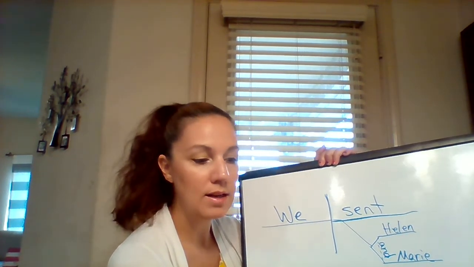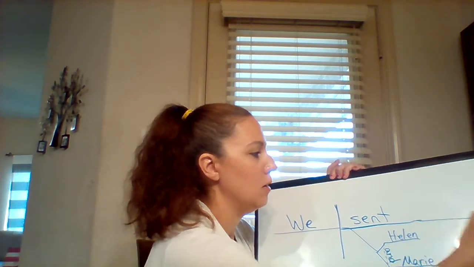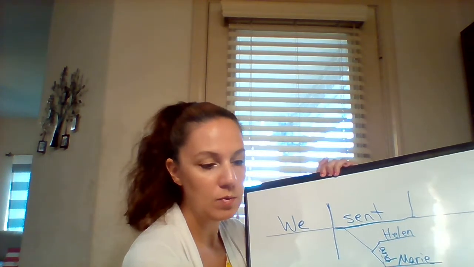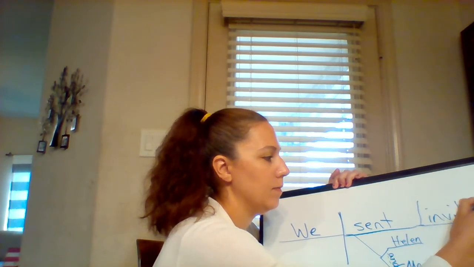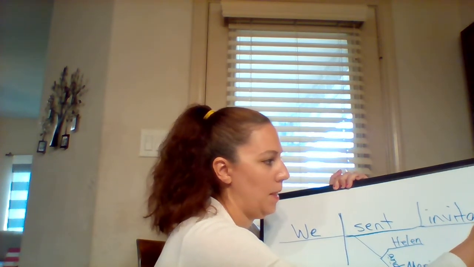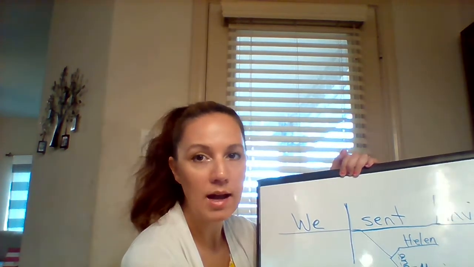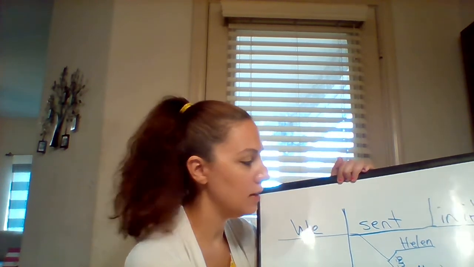And then what it is I sent them is my direct object. So I have to put my line up here, separate my direct object. What did we send? Invitations. And then the last part is to the Halloween party. That is a prepositional phrase.